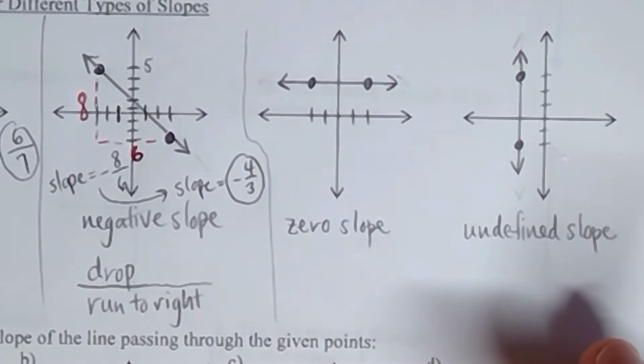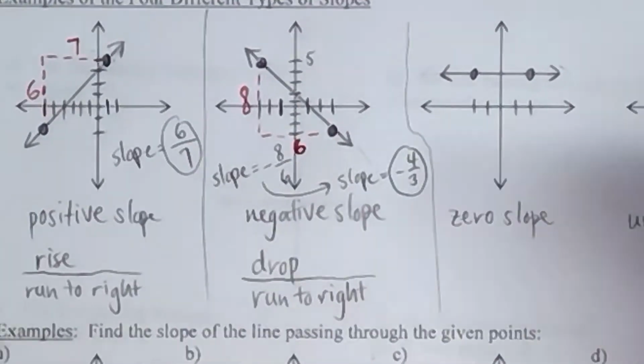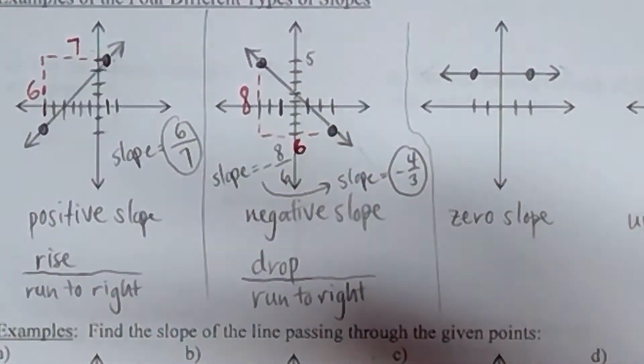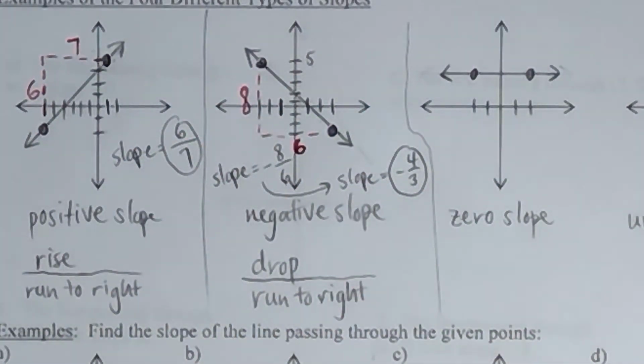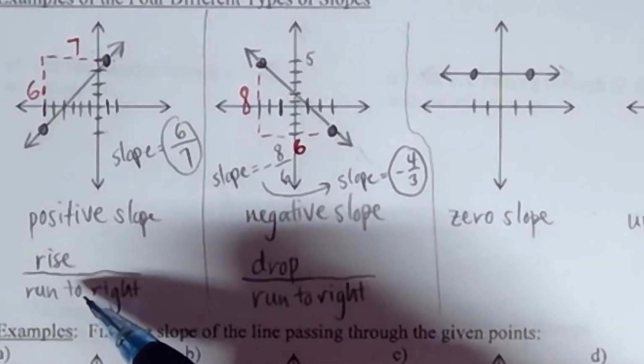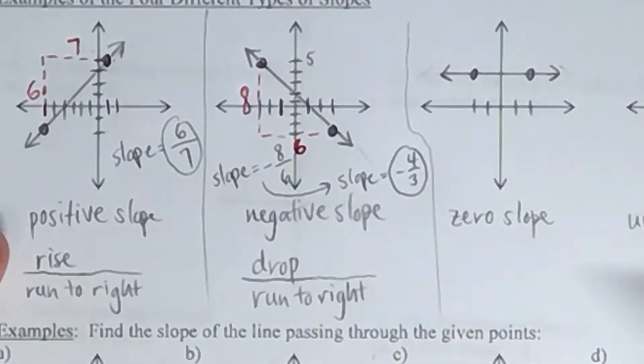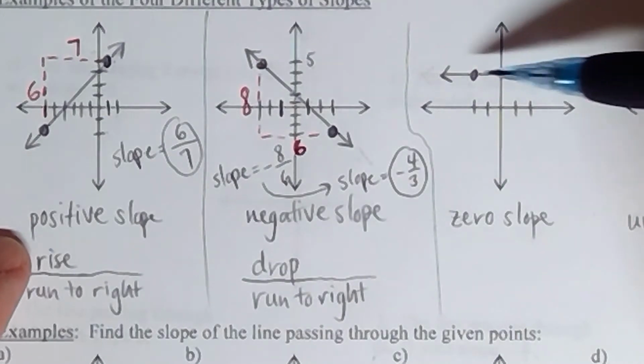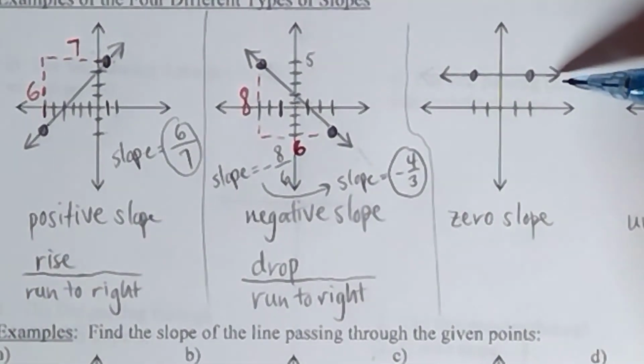But when it's horizontal or vertical, there's something that would be wrong if you tried to do it this way, because it's different. Here's the problem with a horizontal line.